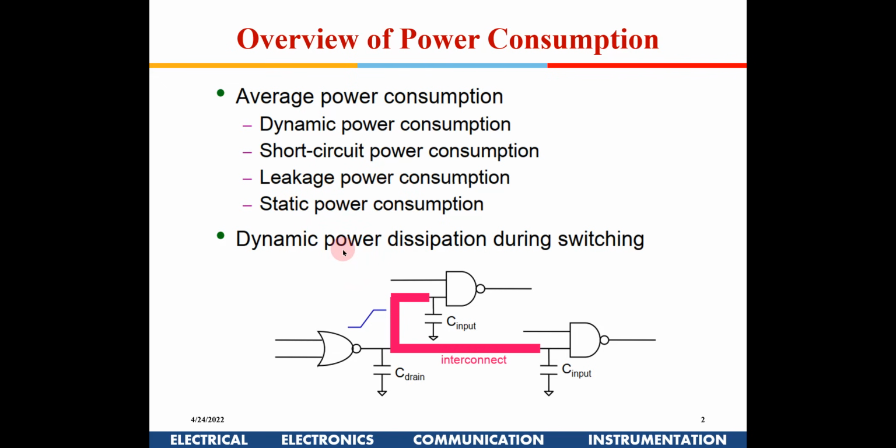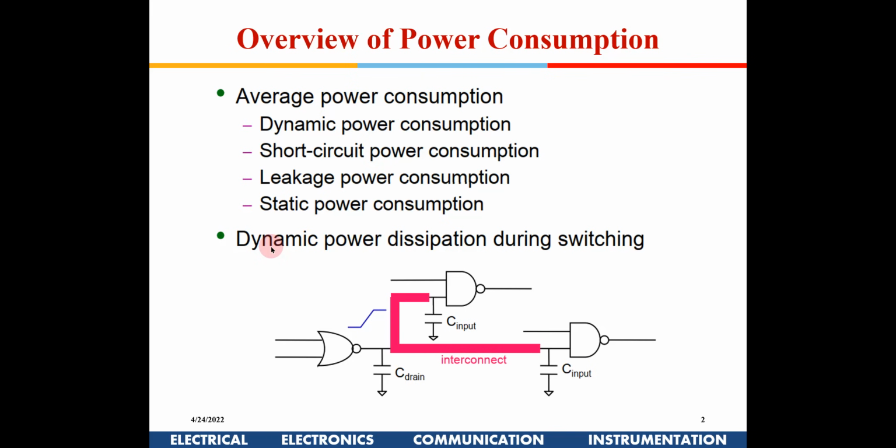You have static power, that is even when the transistors are off, there could be some direct power supply from the VDD to ground, or in ratioed logics we have seen that there could be an NMOS here, and on top there could be a PMOS which is connected in diode configuration. In those cases there could be a static power consumption also.